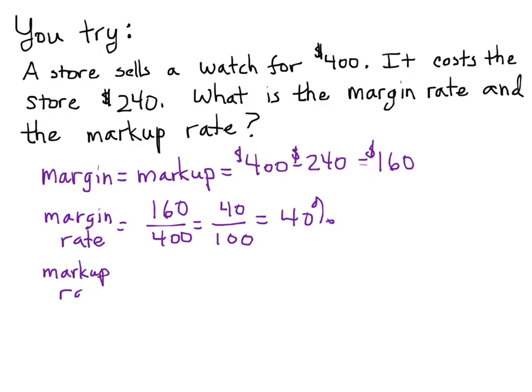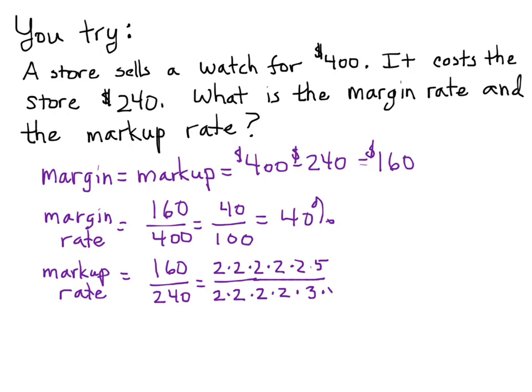For markup now, we take the $160 and divide it by the cost, and so we get a much different ratio. Now, just to talk through how you divide 160 over 240, you can already reduce that pretty readily to 16 over 24.